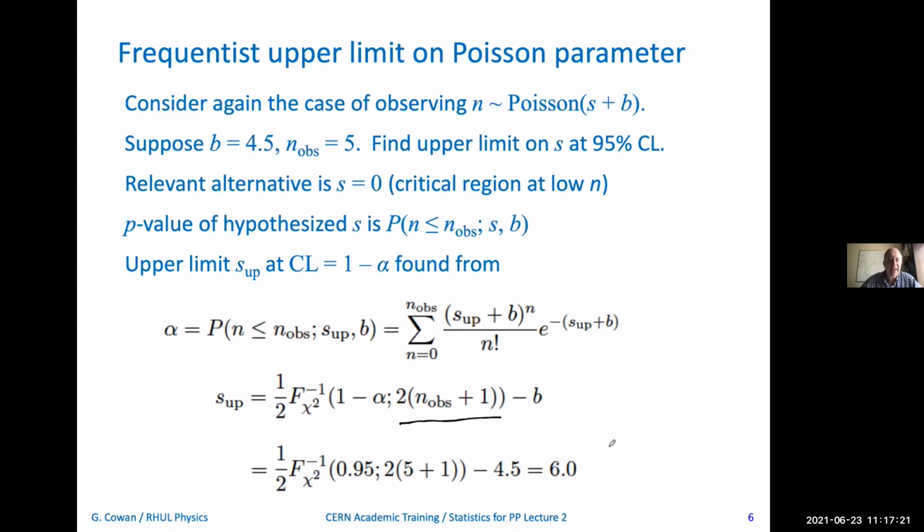And so indeed, that's the case. It turns out that that value minus the expected background of 4.5 gives you an upper limit on S of 6. So if you had a Poisson distributed variable with a mean of 10.5, then there would be a 5% probability to see 5 events or less. Right, that's the sense of the upper limit.